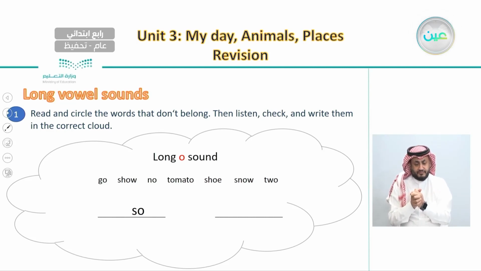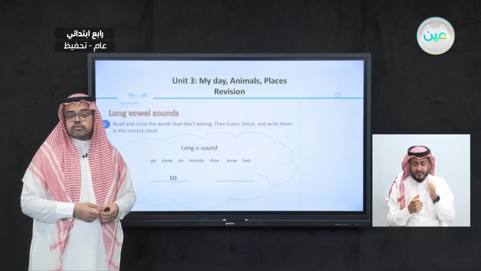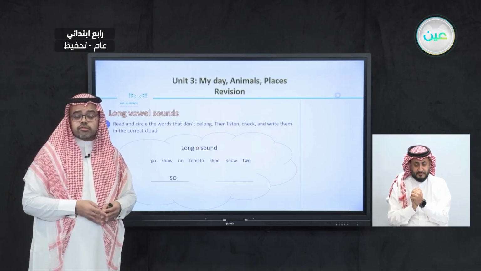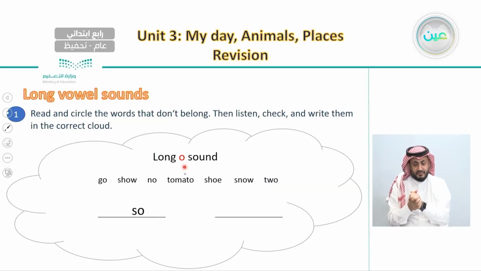Let's remind ourselves of how to answer this exciting exercise. We're going to read the name of each cloud, and I want you to listen and say all of these words with me, so you can know which sound does not belong to the cloud.